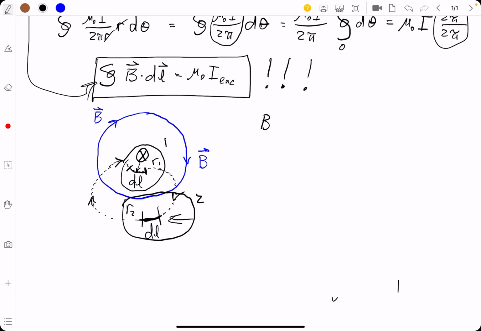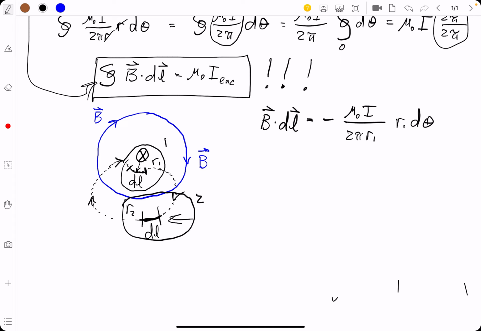And I've got B dot DL, and that is equal to, in set 1, we're going against the B field, so I'm going to put a negative sign. And I've got mu naught I over 2 pi R1, and then I'm going to be doing the same thing we did above, R1 d theta.